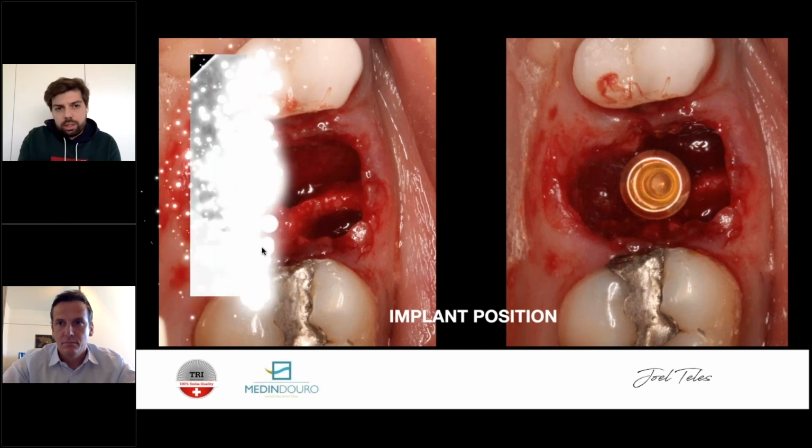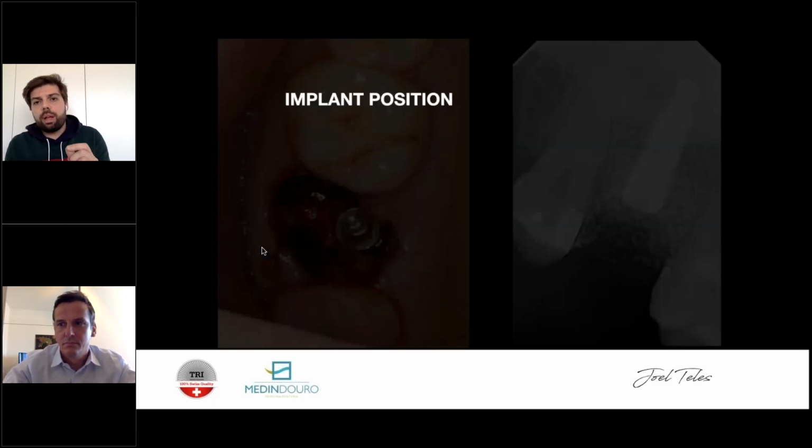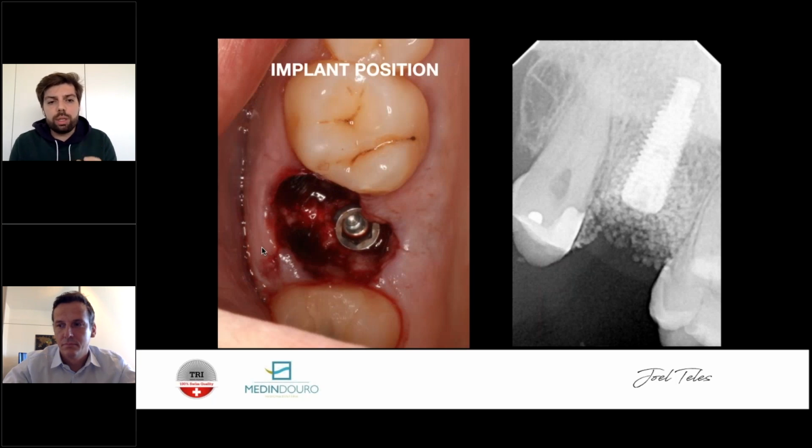This is the x-ray after this particular case. But if after extraction I find the ridge to be too thin and I'm worried that if I'm going to drill through the bone in between the roots, it's too thin, I may end up with nothing, therefore getting less primary stability and less bone implant contact.